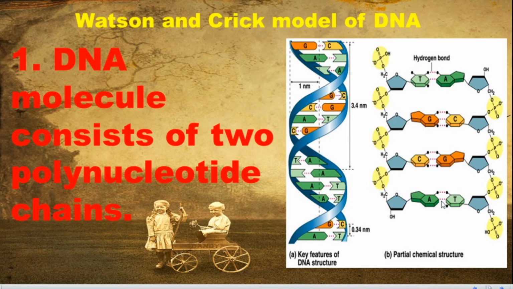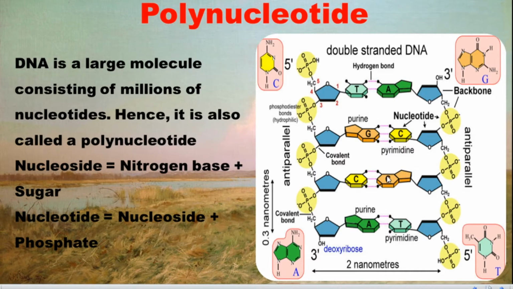Here Watson and Crick gave that in a DNA there are two polynucleotide chains present, found together. To understand them clearly we should know what a polynucleotide is.